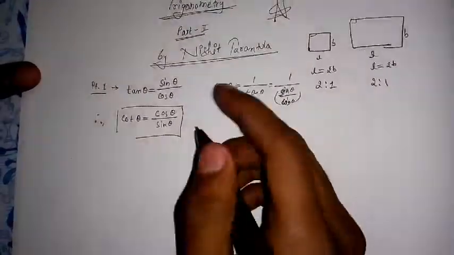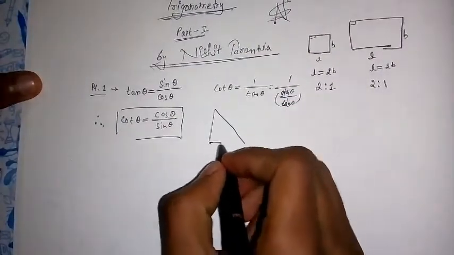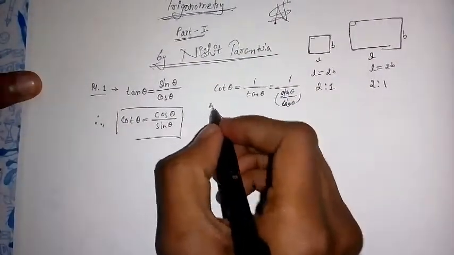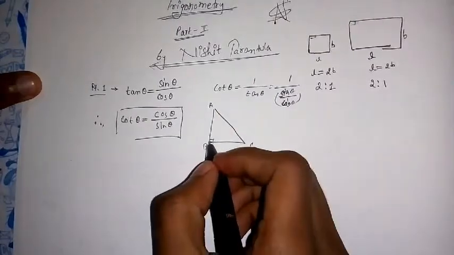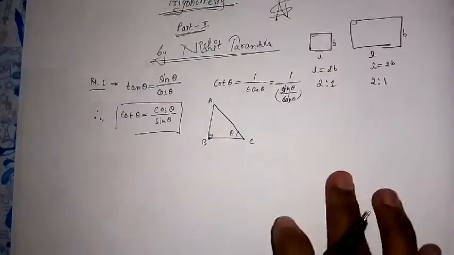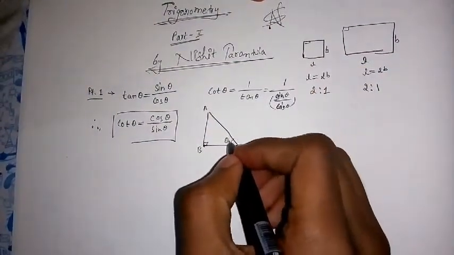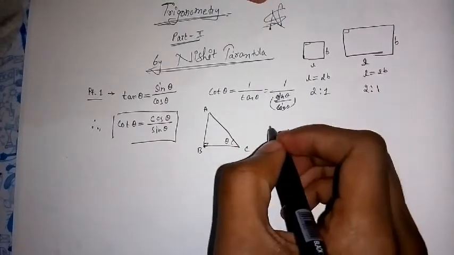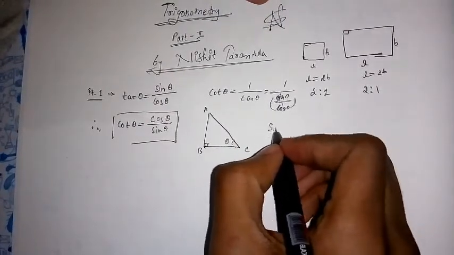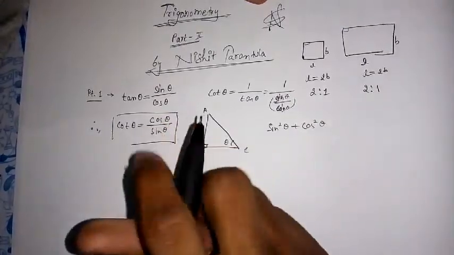Now let's consider a right triangle, let's say this one here, ABC, where B is 90 degrees, and let this angle be theta. Now if I ask you, with respect to this angle theta, what will be the value of sine squared theta plus cos squared theta?